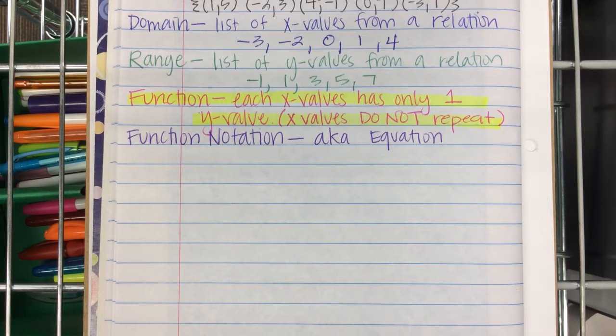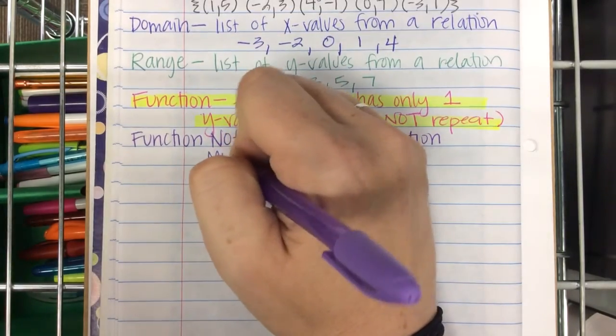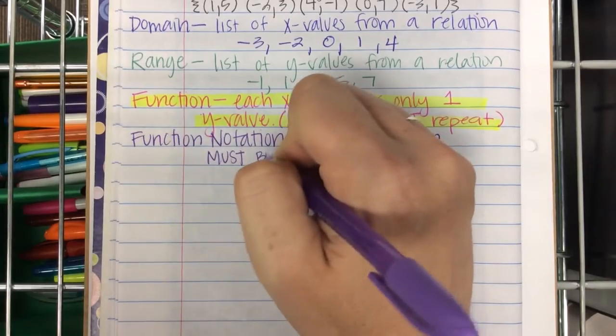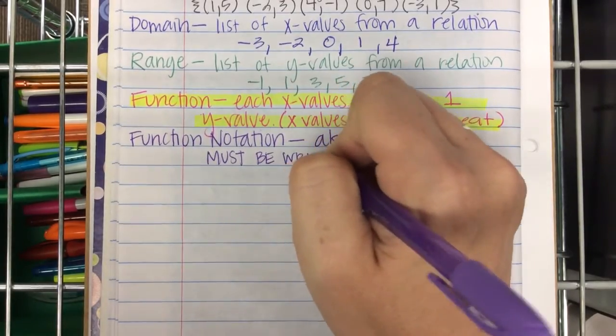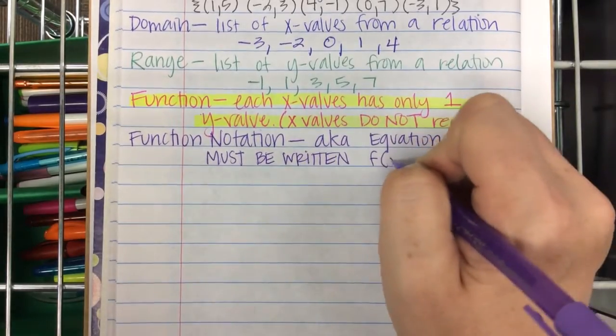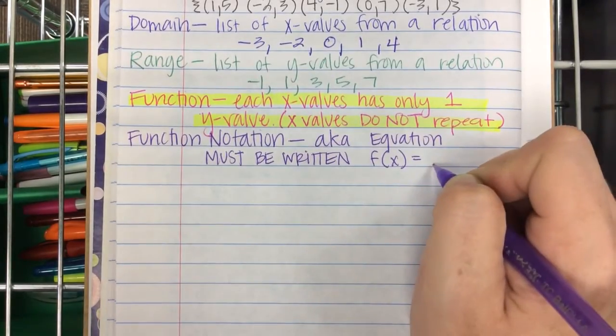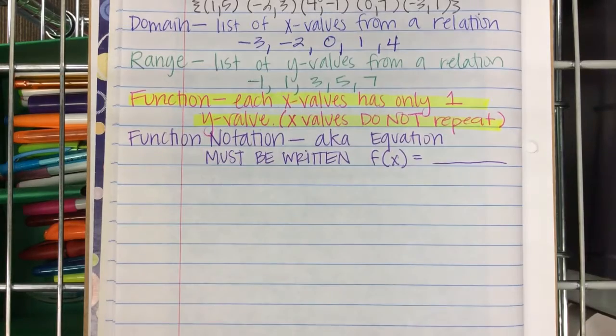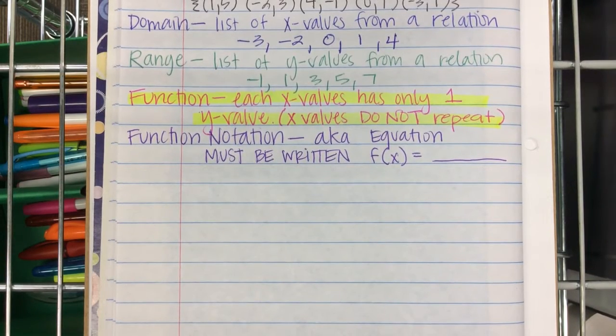Have you solved equations before? Yeah. But a function notation must be written f of x equals, and then your problem. It must be written f of x because that f stands for function.